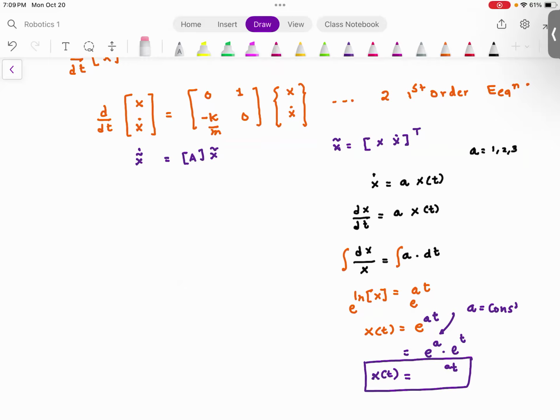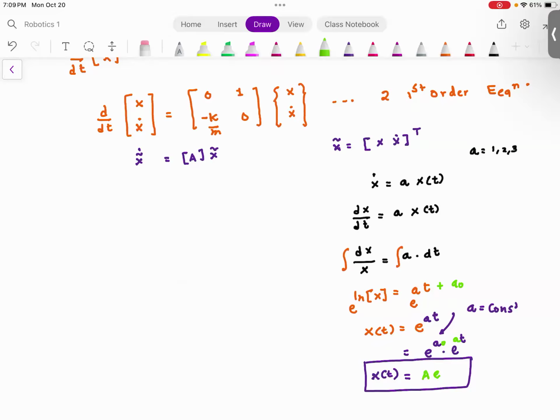Once I solve this, I have a constant of integration. Sorry, I forgot. So I made a mistake here. Please try to understand.